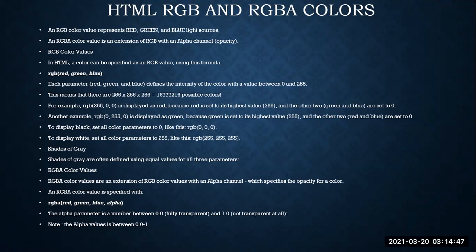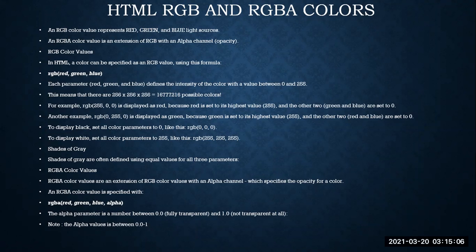The other parameter is a number between 0.0 and 1. It's just to add the transparency to your color. So between 0 and 1 will give you the values of the opacity.